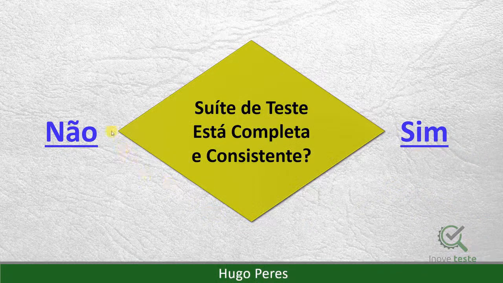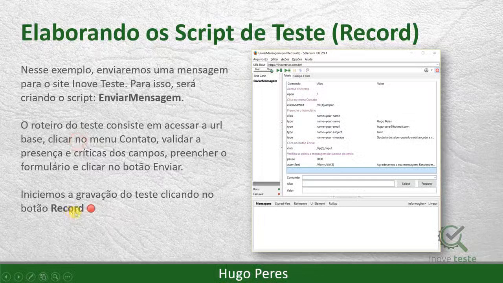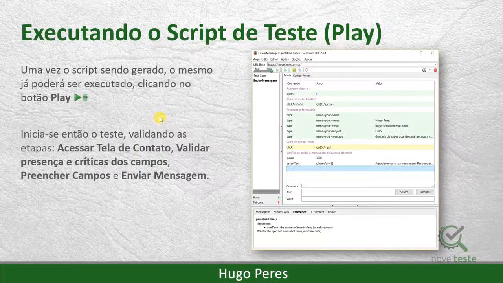Otherwise, if you still have missing scenarios to elaborate, or your suite is not running 100% because some scenarios are breaking, then you click no. Clicking no, you are redirected to the activity of crafting the test script that is missing, or to make any adjustments to the scripts.